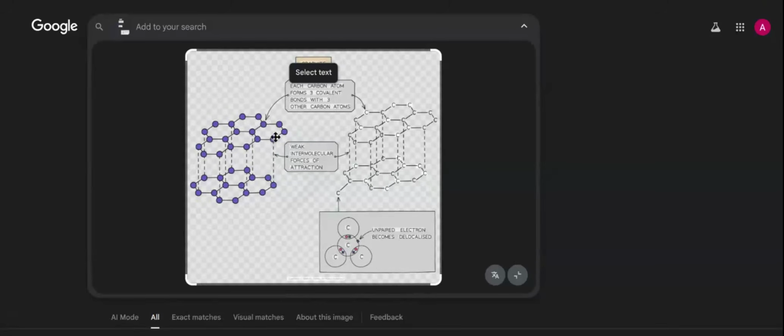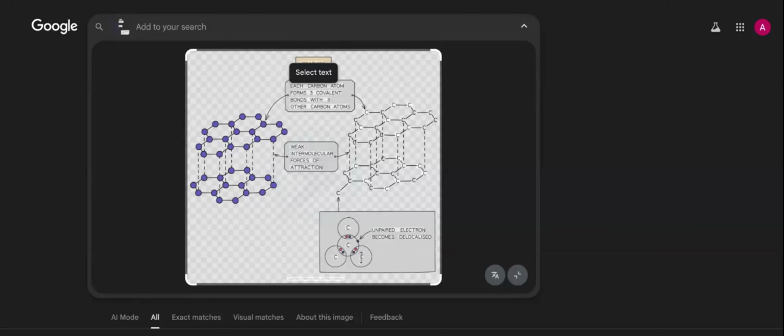And then there's weak intermolecular forces of attraction between these bonds. And that is one of the properties of covalent compounds. Covalent compounds have weak intermolecular forces, and that's why they have low boiling points, right? Because it's easier for heat energy to break those forces because they are weak.